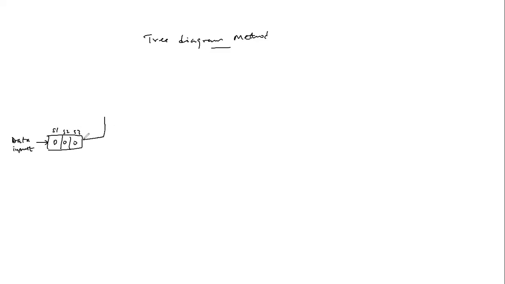Then you can see that you can move this way, just drawing something very rough, okay? Move this way, where this is state A, this is the uppermost branch, this is the lowermost branch.